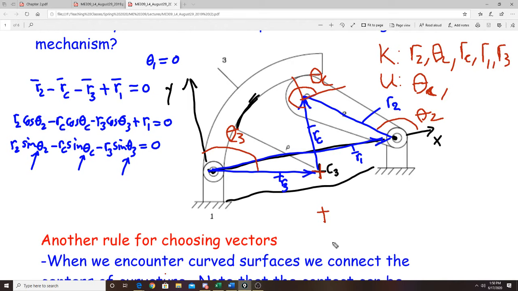Because like I said, if R2 is a known length, wouldn't the center stay the same? So you're saying no, the center is not taken about this. We're talking about this right here, this row is a radius to this center point right here.